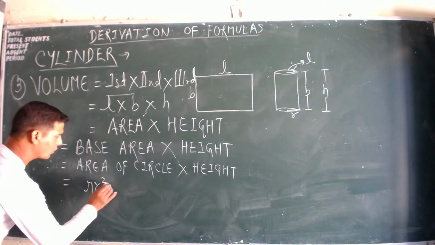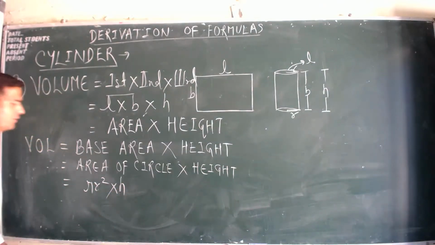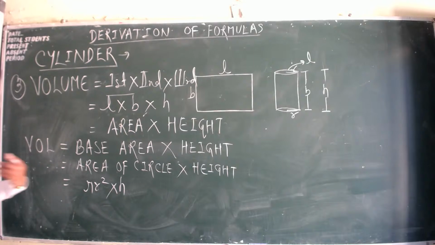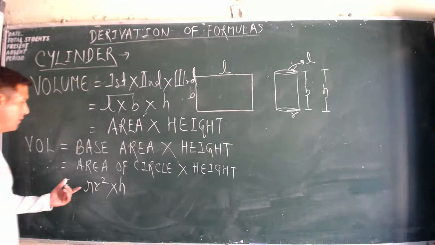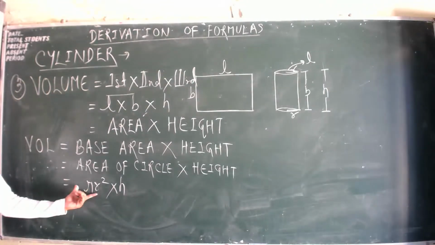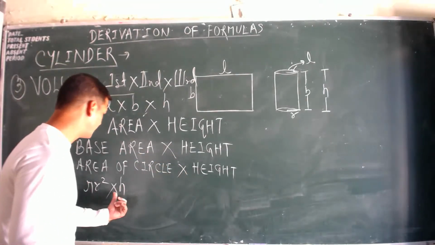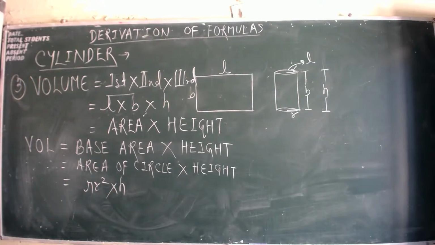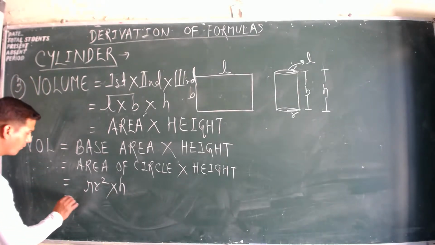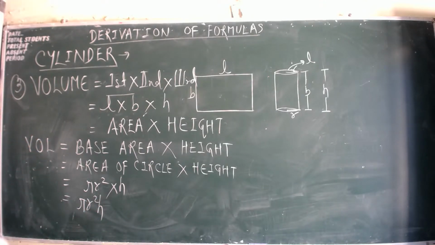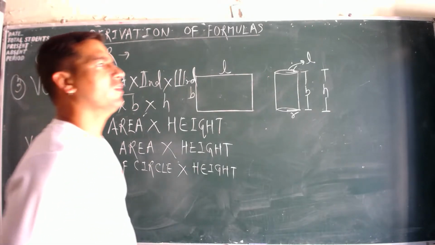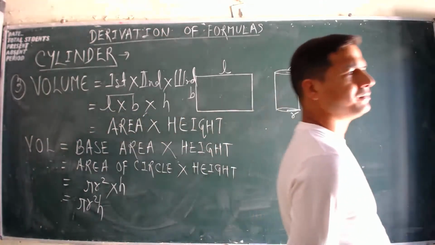Pi r square, and height is h. A circle with the radius r, so its base area will be pi r square, and for height, simple, height will be equal to h. So what is the formula of volume of cylinder? Pi r square h. This is the formula of volume of cylinder.